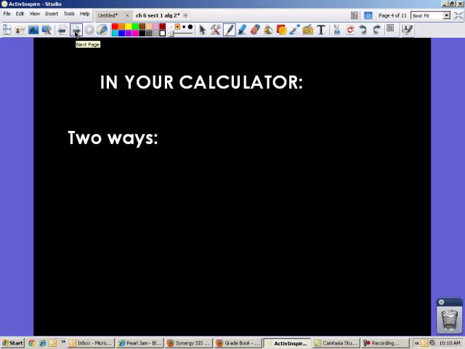Now there are 2 ways to do it in your calculator. Here's the first way. Let's say we had this as our problem. You can punch in the number 5. And the way to get that factorial symbol is you push math. This is something very important for you to write down in your notes.